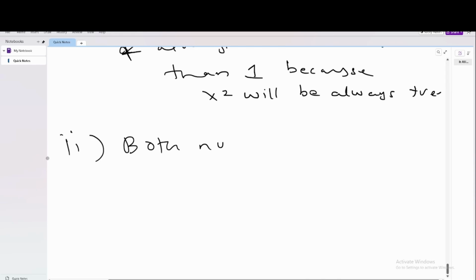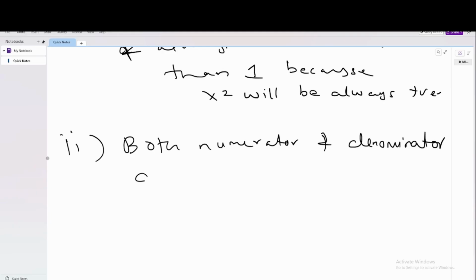Both numerator and denominator are continuous polynomials.